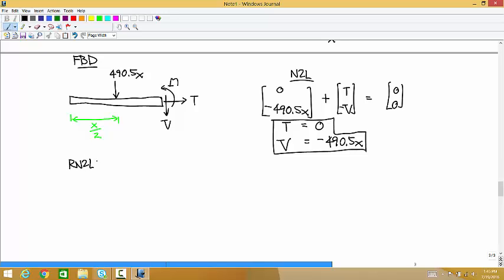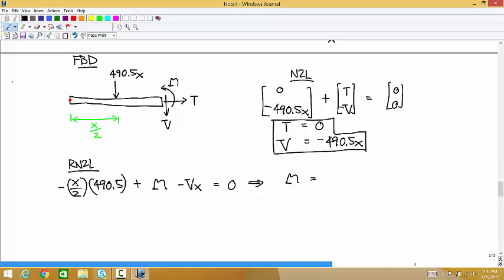And then the moment equation, our about point is at the left. So what's the moment arm of 490.5x? x over 2 times 490.5x. And then is that clockwise or counterclockwise? Clockwise, yep. So negative, plus m minus Vx is equal to 0.